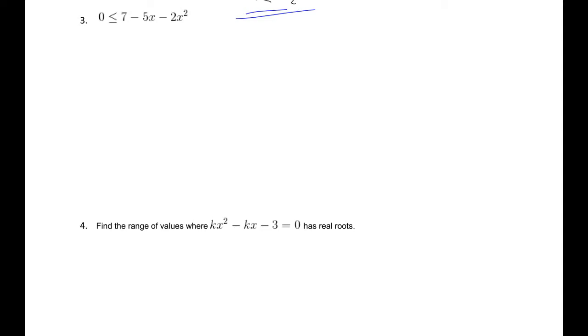Okay, this one, again we're going to set it to equal 0. So we get 0 equals 7 minus 5x minus 2x squared. We could swap everything around to the other side to get rid of the negatives, but I'm not going to, because I want to show you this method. What I am going to do is bring a minus out: 2x squared plus 5x minus 7.